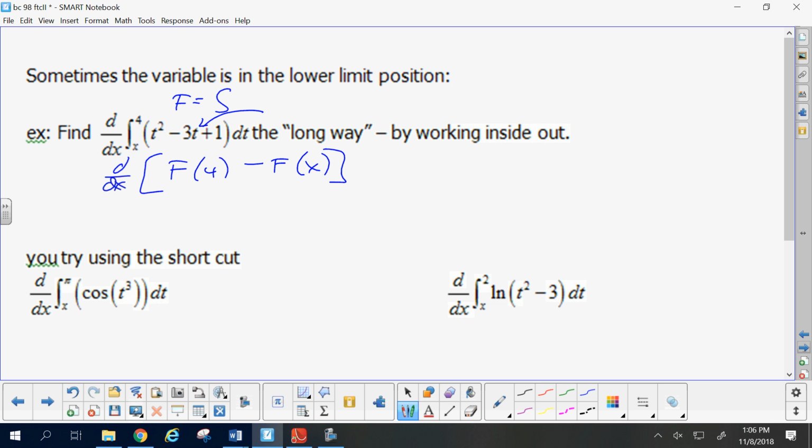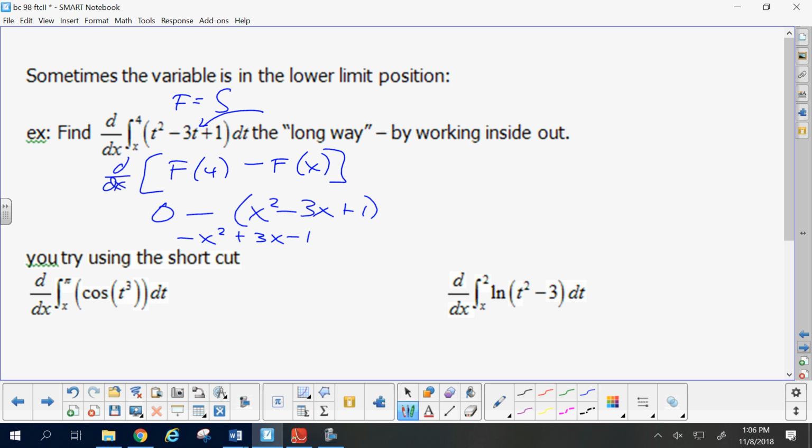You follow? All right. If I take the derivative of this, then I get a zero derivative first, and then a negative of the derivative. So the end result is the opposite of the original function with x in it, or negative x squared plus 3x minus 1.